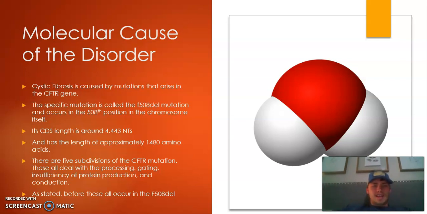Its CDS length is around 4,443 nucleotides and encodes a protein of approximately 1,480 amino acids. There are 5 subdivisions of the CFTR mutation. These all deal with the processing, gating, insufficiency of protein production, and conduction. As stated before, these all occur in the F508del.